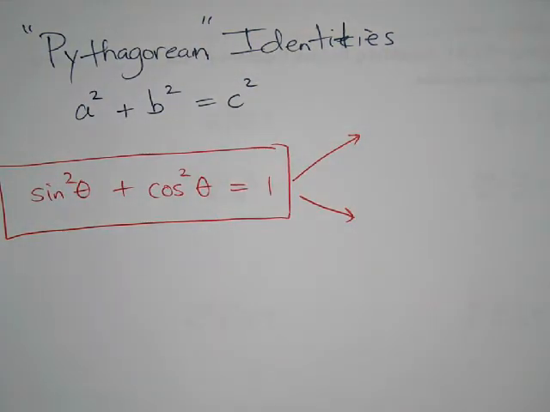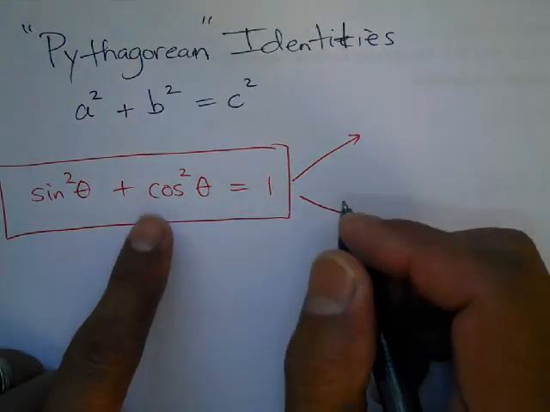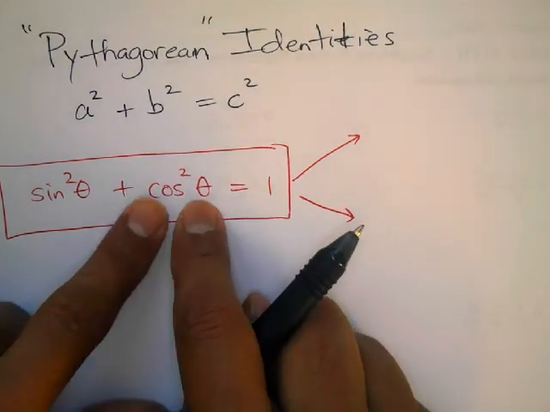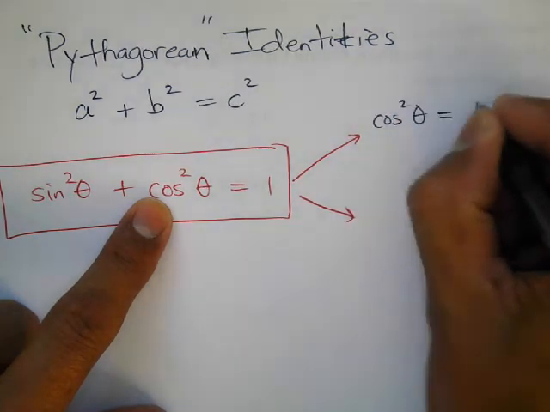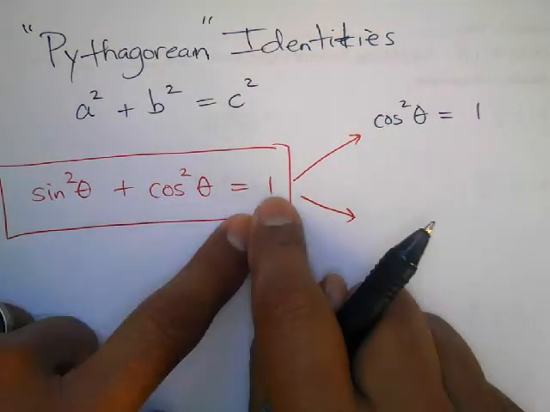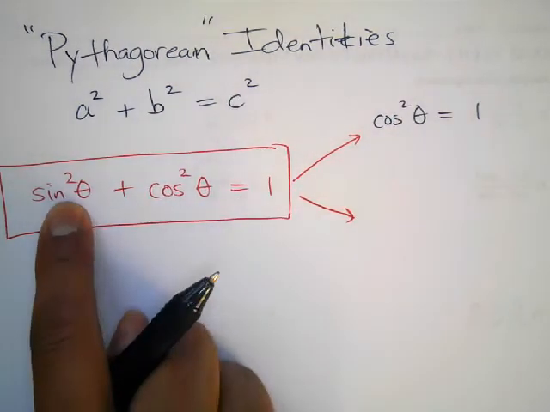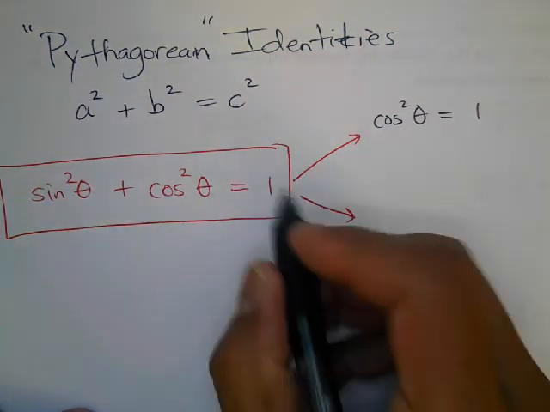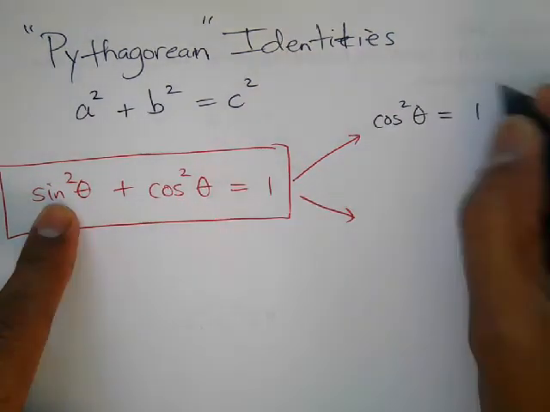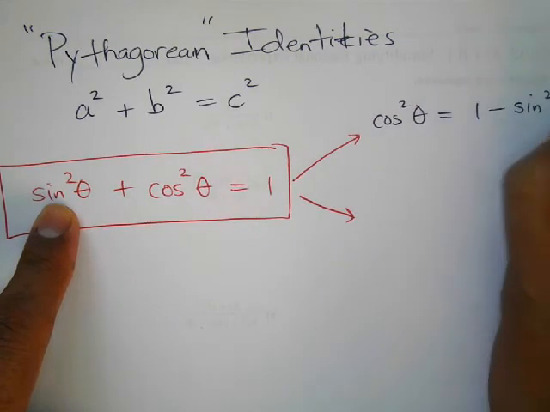It's really the same thing. Now, if I solve for cosine squared and I leave this cosine squared, I'll have what? Cosine squared equals, I still have the 1. But if I move this sine squared to the other side, you'd get cosine squared equals 1 minus sine squared, right?